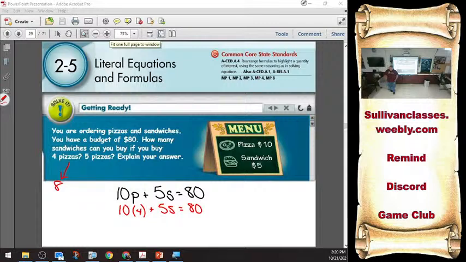If you're just going to solve for it every time, wouldn't it have been nicer to just be able to plug in the number and not have to solve? What if I just had sandwiches equals stuff, and I was able to throw a number in there, and then I know how many sandwiches? That is where formulas come in.